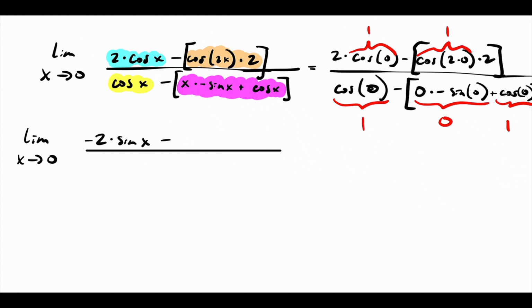The orange, I'm going to have to use chain rule again. So it's going to be 2 times the derivative of cosine is negative sine, 2x times the derivative.